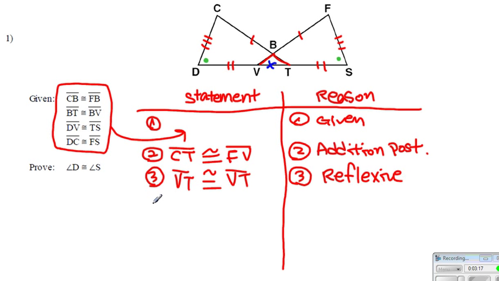Now, we will be needing reflexive because that VT is part of both triangles. Given that, we're going to have DT must be congruent to SV. Now, once again, there will be addition postulate.